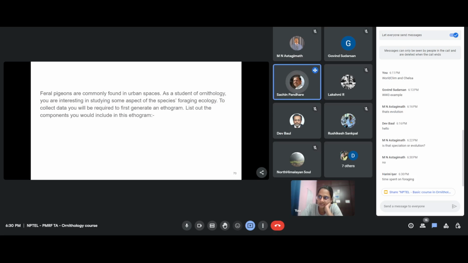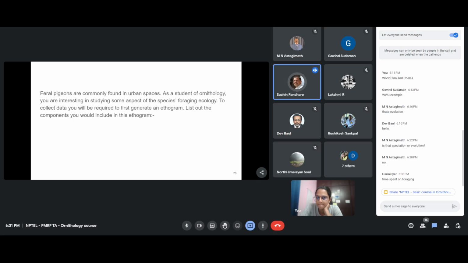The time they do foraging activity. Sure, yes. The time of the day. Most important thing, time of the day. Harini says time spent on foraging. Yes, correct. Whether done individually or in groups. Good point. What do you expect, Sachin?